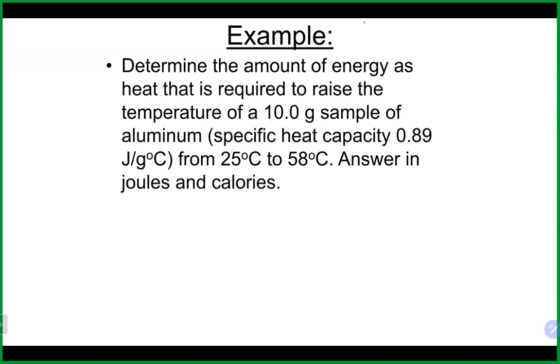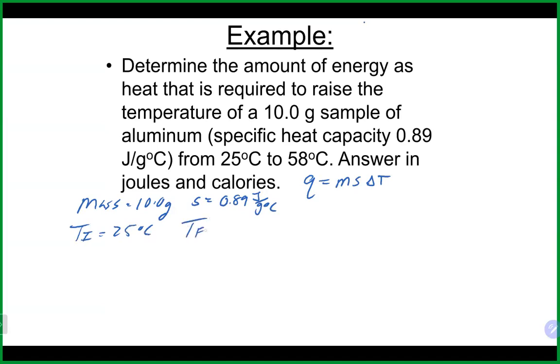Obviously we're dealing with specific heat, so Q is equal to m s delta T. We have our mass of 10 grams, our specific heat capacity of 0.89 joules per gram per degree Celsius, our initial temperature of 25, and our final temperature of 58. So we have everything we need, and we can plug it in.